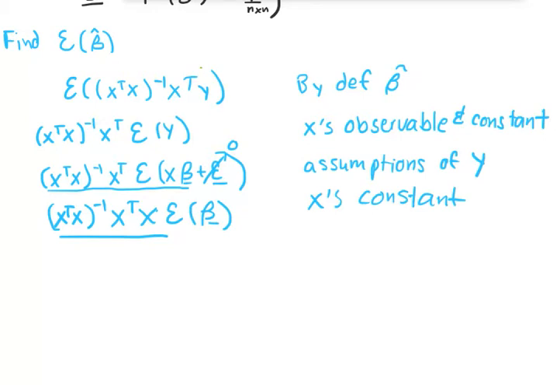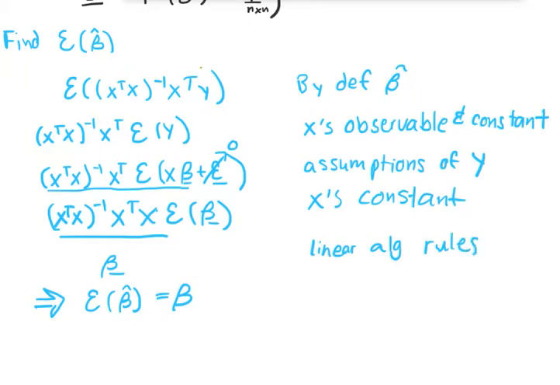So this just becomes beta at the end of the day, which leads us to conclude that the expected value of beta hat is simply equal to beta. This is by linear algebra rules. So we've got step 1 of the problem.